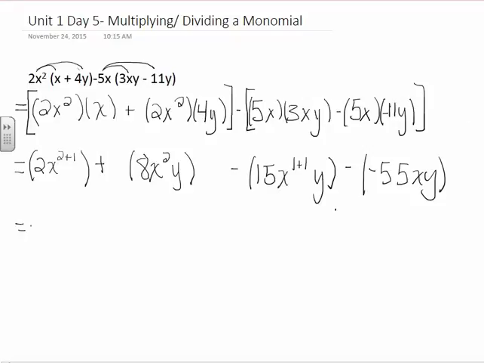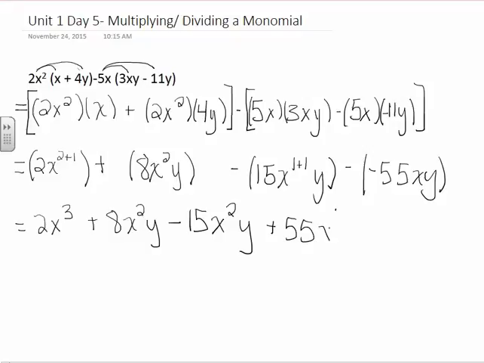The next line can be simplified to 2x cubed plus 8x squared y minus 15x squared y plus 55xy. Our final step is to see if we can simplify this last statement any further.